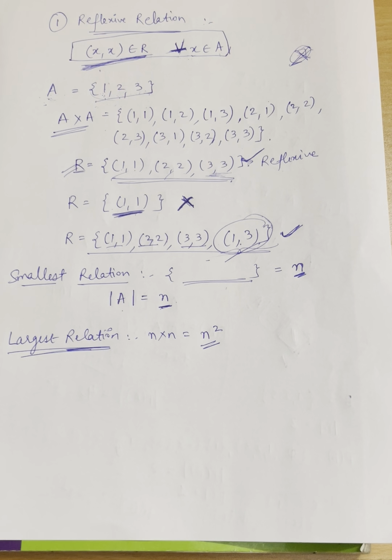Now one more thing, the last question. If there is a set A whose cardinality is n, then how many total reflexive relations are possible? Same as what we discussed for relations in general, that is 2 power m into n.